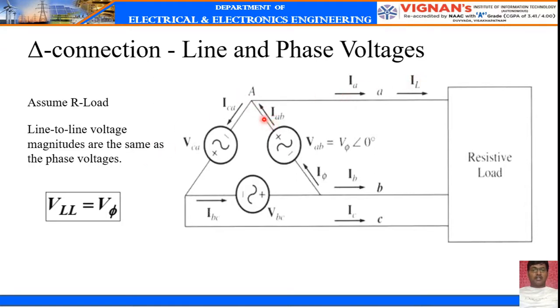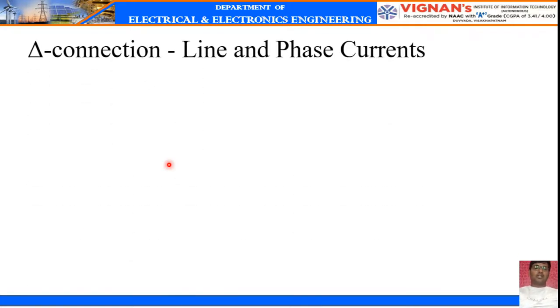The current entering junction A is IAB. So IA plus ICA is equal to IAB, from which you can write IA is equal to IAB minus ICA. So that is what is written here.